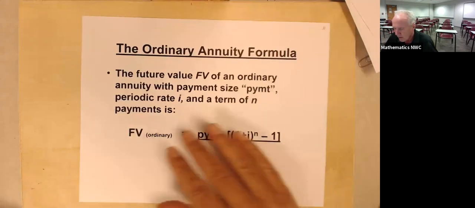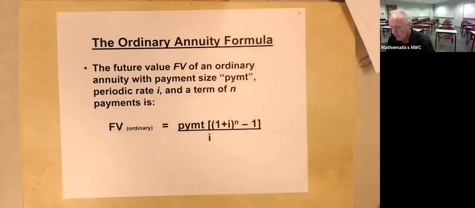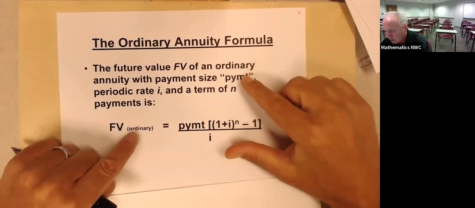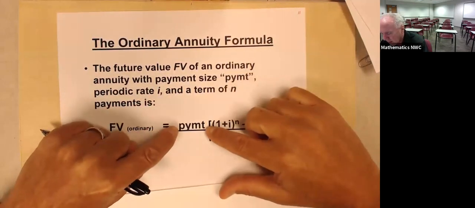I'm going to rewrite that now. And here's where I would like you to copy it down. The ordinary annuity formula, future value, that's FV right here, for an ordinary annuity with payment size. Payment size, PYMT, is your monthly payment that you're taking out of your paycheck every time.